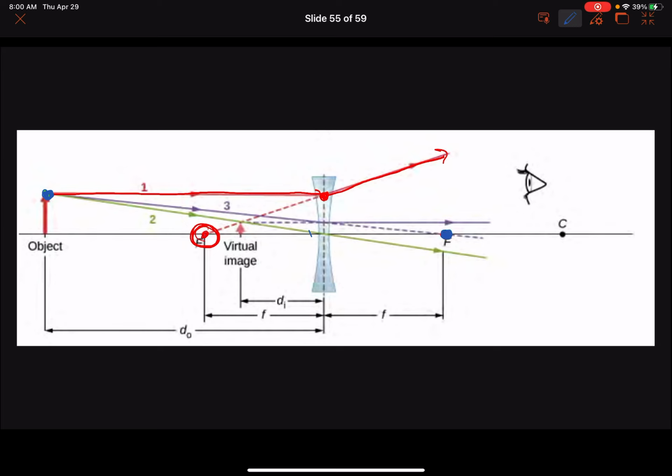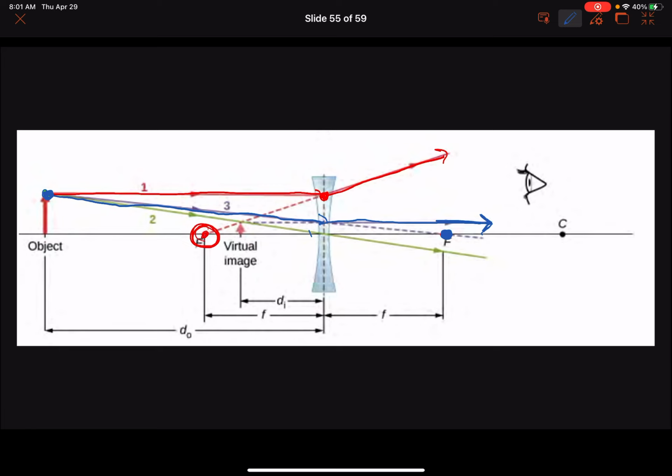Okay. And so we put our ruler in between those points, and we draw the ray along that line until we hit the lens, and then we stop, because once we hit the lens, the light bends, and we know focal rays end up going parallel, and so we draw a line parallel to the axis. And you might see that these 2 rays will never converge. They are diverging, so they will never touch.